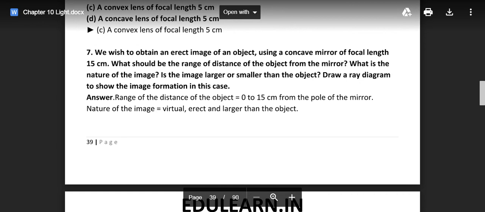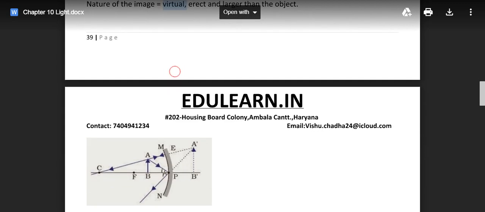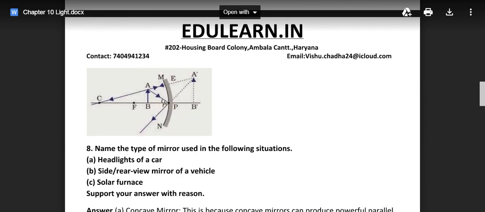And we wish to obtain an erect image of an object using a concave mirror of focal length 15 centimeter. What should be the range of distance of the object from the mirror? What is the nature of the image? It is quite simple. The range of the distance of the object is 0 to 15 centimeter from the pole of the mirror. The nature of the image is virtual, erect and larger than the object, right? So this is the case which is getting formed. You can see the nature of the image. It is virtual, erect and larger as compared to the size of the object, right?